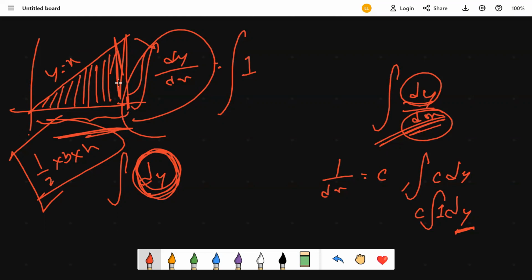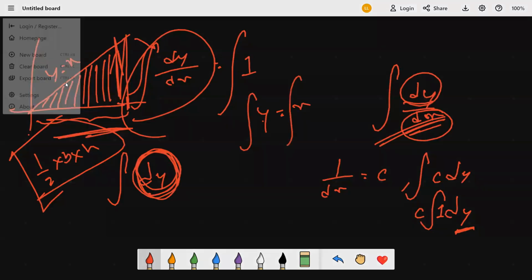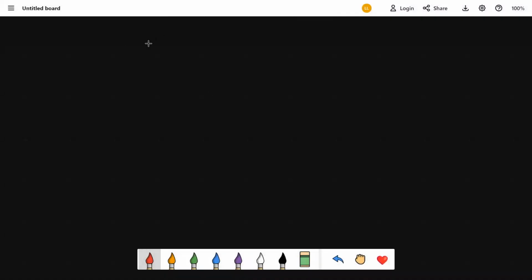Now, if we are integrating this y equals x, and we have to put an integration sign on both sides, okay? Let's make this a bit clearer. So we have a function, let's say y equals x. The equation looks something like this, y equals x, okay?